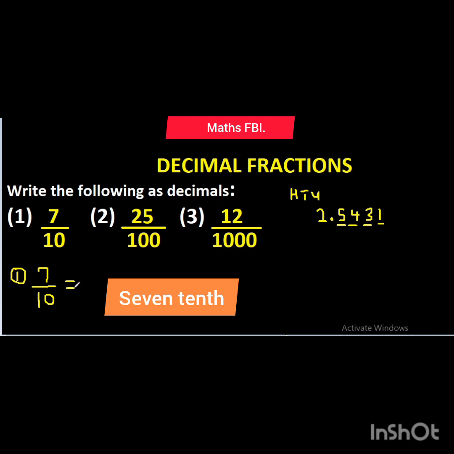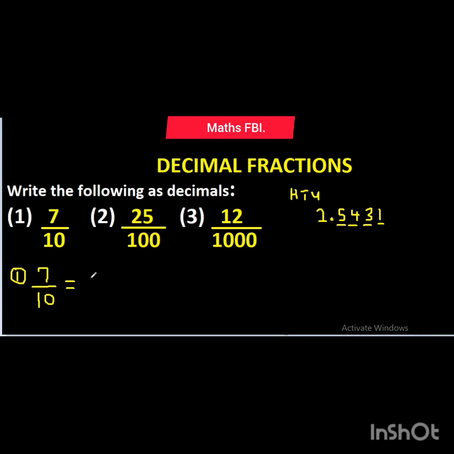When you hear tenths, meaning after the decimal point, you are expected to have only one digit. Like here, 7 divided by 10 starts with 0. And the next digit is the tenths, which is 7. So question number one has been solved. We have written 7 over 10 as a decimal: 0.7.